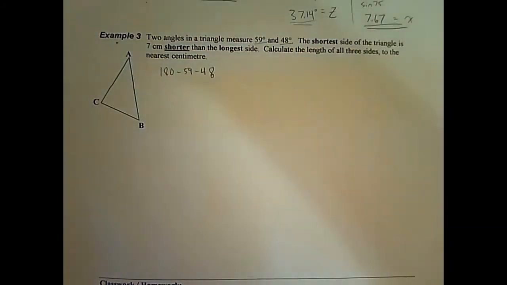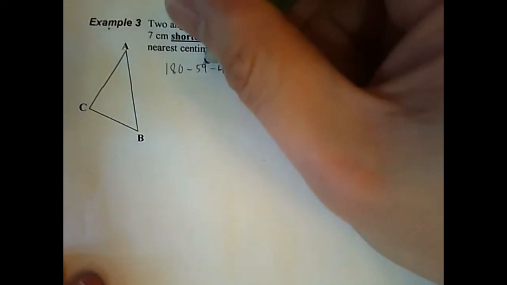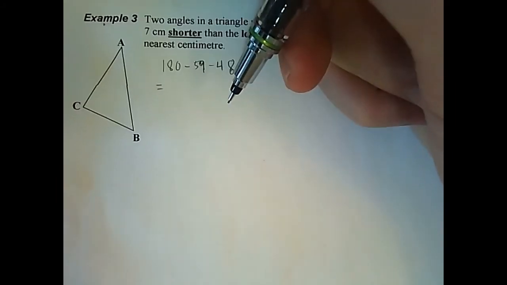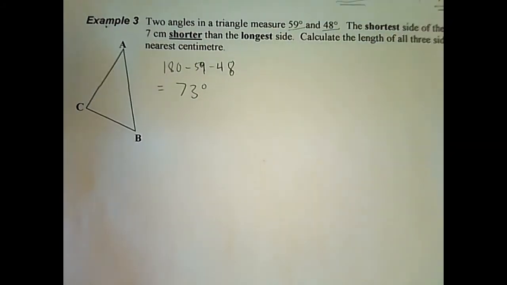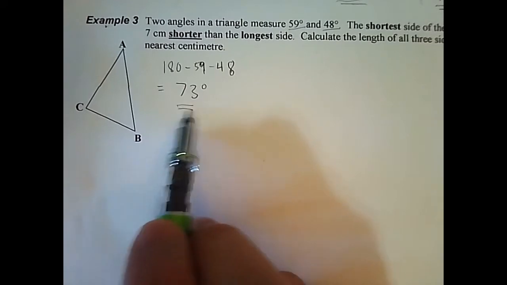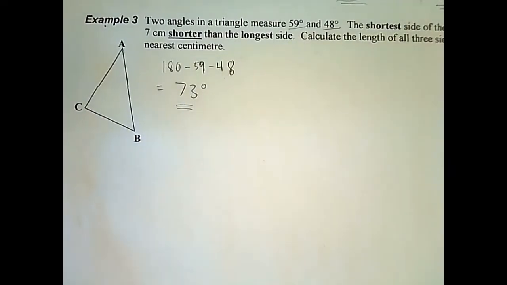I'm going to zoom in, sorry, because I apologize if my writing's a little small. If I subtract all of these, I'm going to get 73 degrees. So I know the biggest angle measure is going to be 73 degrees. Then I'm going to have a smaller angle at 48 and a smaller angle at 59.